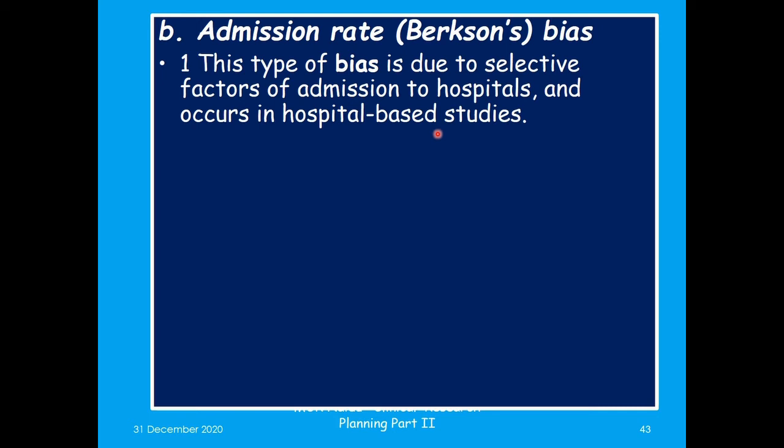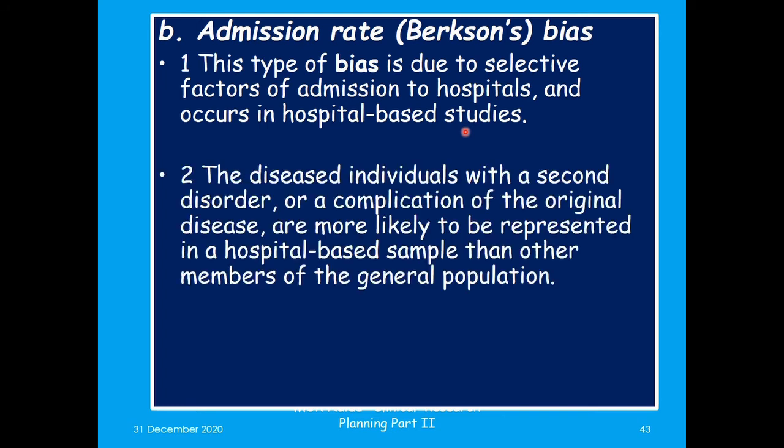Similarly, coming to gastroenteritis, which is more common in the rainy season when there is a lot of water contamination, different types of admission may occur because of seasonal variation. So this is admission rate wise.